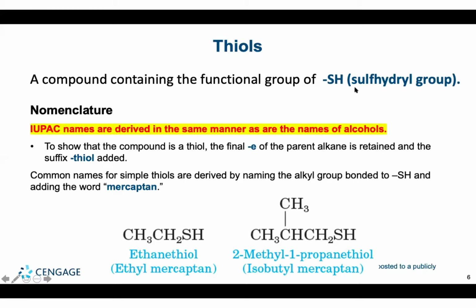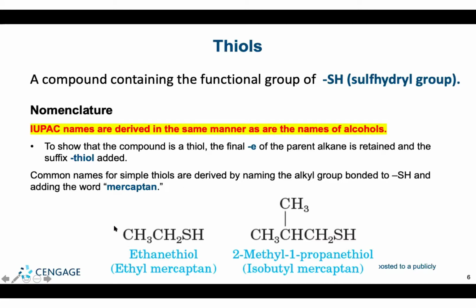In thiols, when we have an SH group in them, like in the bottom pictures, you see that there is an SH group in them. Then we call this compound a thiol. How do we name thiols? The name of thiols is the same as alcohols. How do we name alcohols? The only difference is that we should add a suffix of thiol at the end.